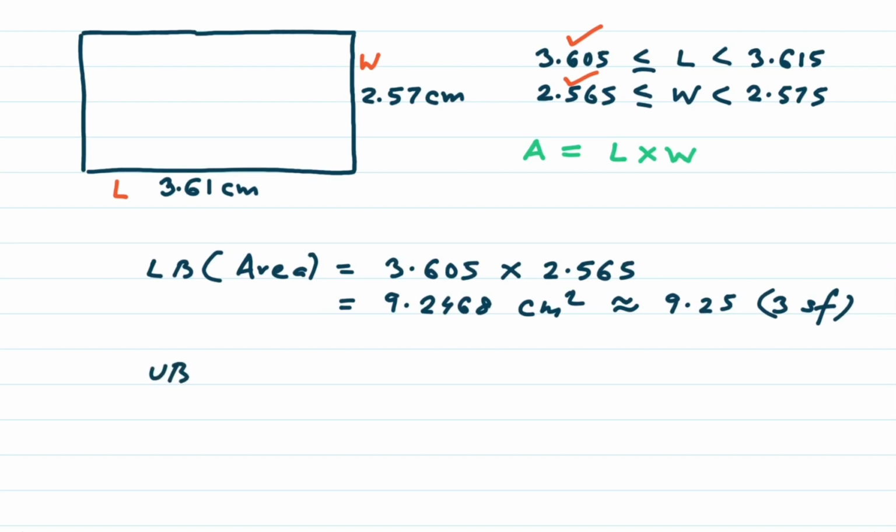For the upper bound of this area, that's equal to the upper bound of the length, which is 3.615, times the upper bound of the width, which is 2.575.